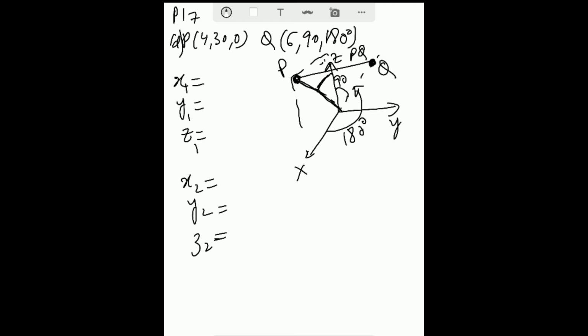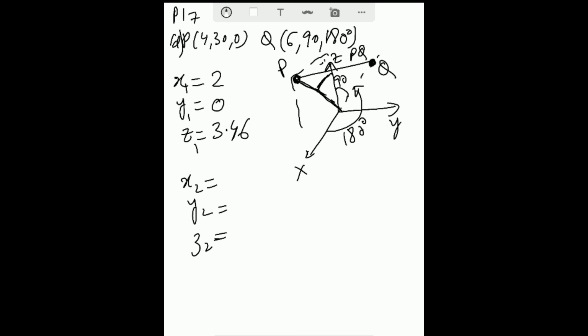So x1 is 2, y1 is 0 obviously because we are not going in the y direction, and from the formula z1 is 3.46.